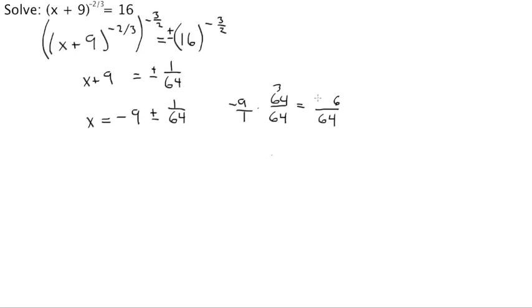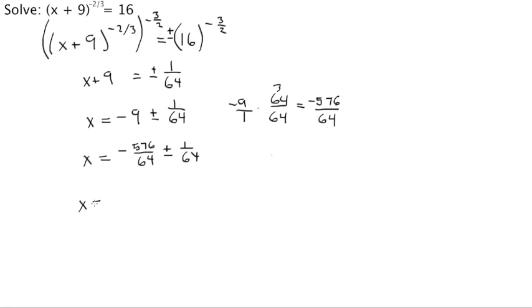Plus 3, that will be 57. So you have negative 576 over 64. Don't freak out. That is a nasty number. It's okay. So we have x equals negative 576 over 64 plus or minus 1 over 64.